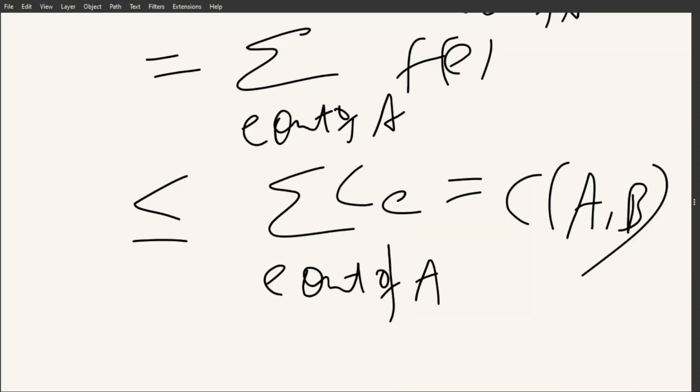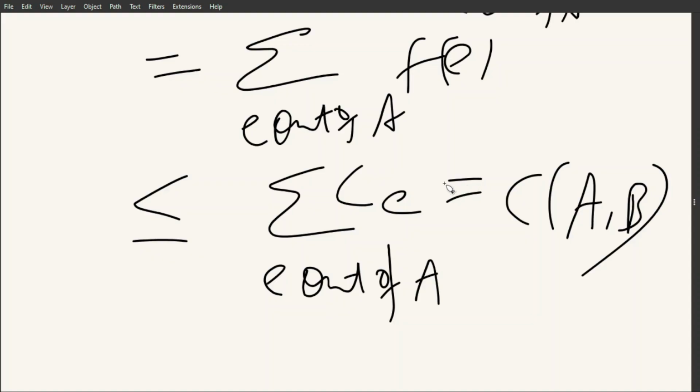So we have derived that the value of any flow is upper bounded by the capacity of any cut. Here we are free to choose any flow and free to choose any cut. So this is true in general.